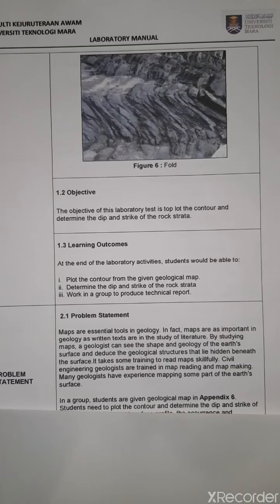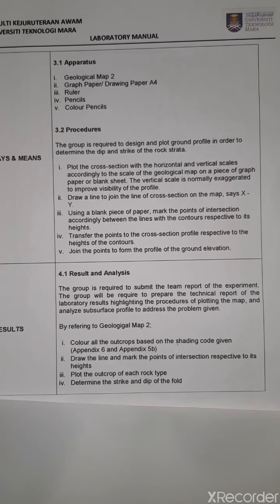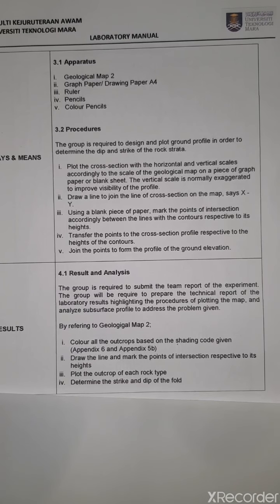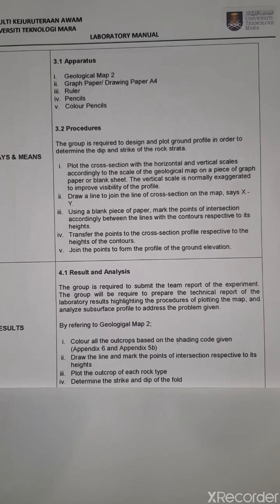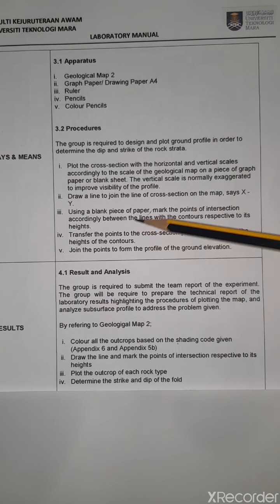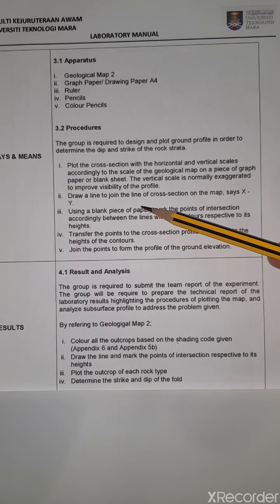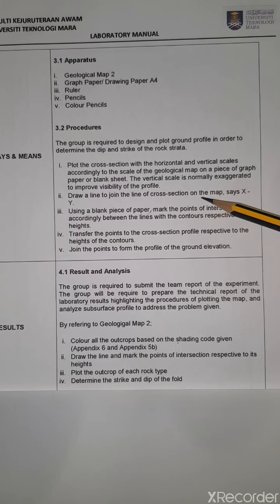Okay, we just go through the procedure. As you can see here, the procedure states that we need to use a blank piece of paper to mark the points of intersection for the contour and also for the fold, for the strike and dip direction.